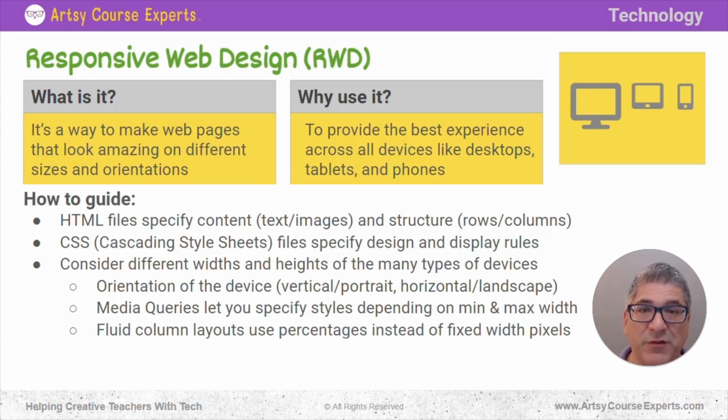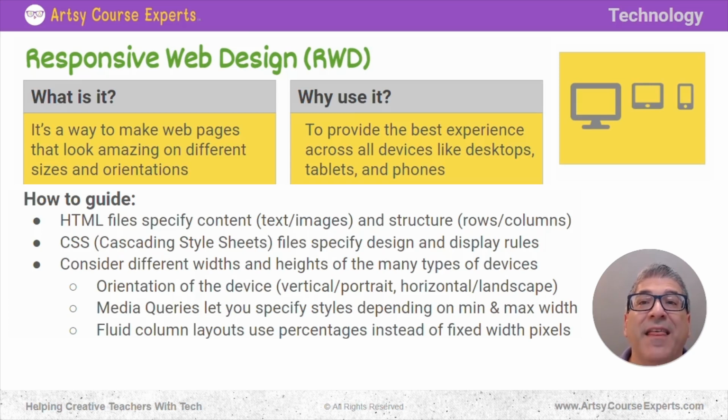These days, with responsive web design and fluid columns, you're going to use percentages. You're going to say the left column is going to be 30% of the screen, and the right big column is going to be 70% of the width of the screen. That thinking makes your screens, your design, your pages much better across all the different devices. So this is really about using percentages instead of fixed widths.